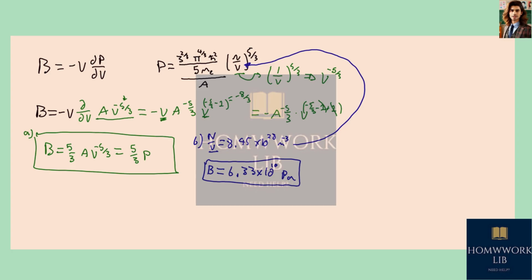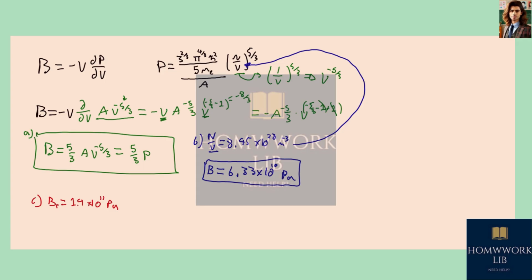And then finally, part C wants us to look at the real bulk modulus. So we'll say this one's our real one, so we'll put an R. And the value for that is 1.4 times 10 to the 11 pascals.